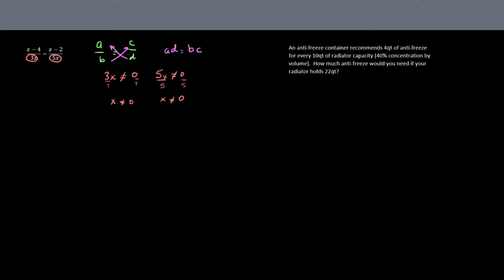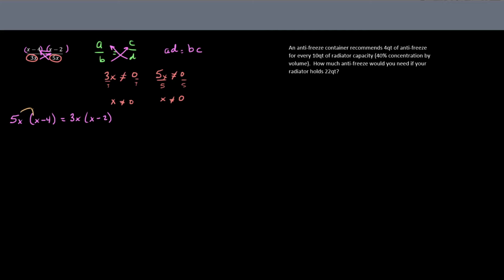We're going to cross multiply, keeping in mind that anything covered by a fraction bar is itself in parentheses, or you can assume it to be. So this is going to give us 5x times (x minus 4) is equal to 3x times (x minus 2). Now just solve this however you wish to do it.